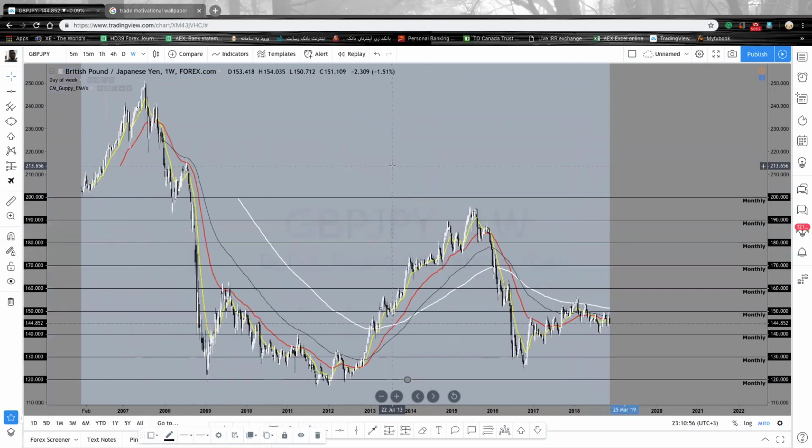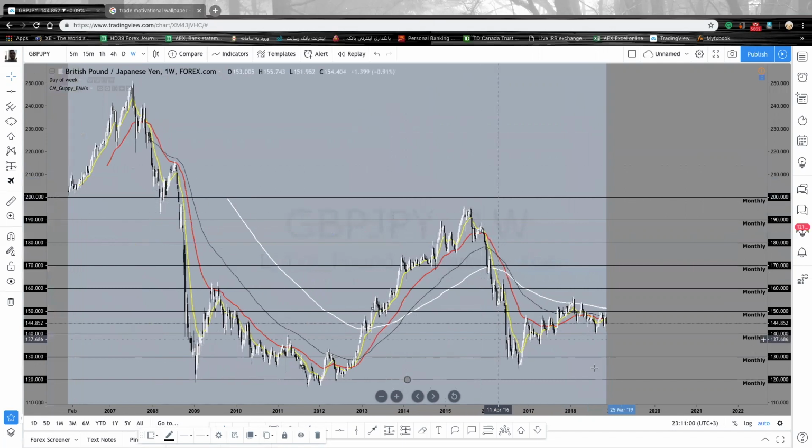So we just put this here, and apparently the same one is our peak formation low.